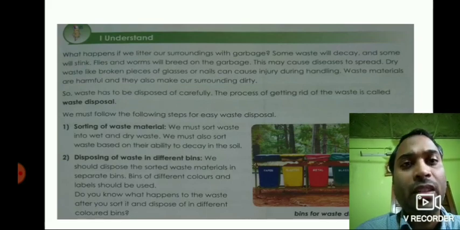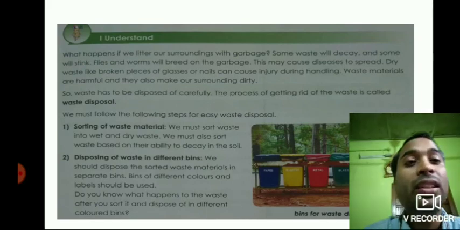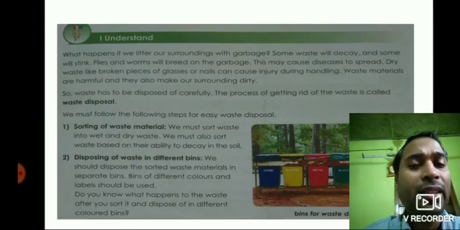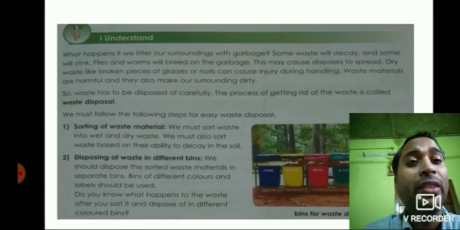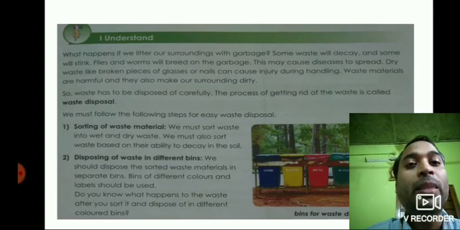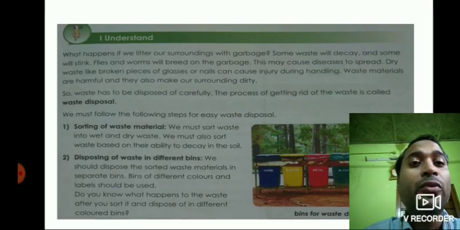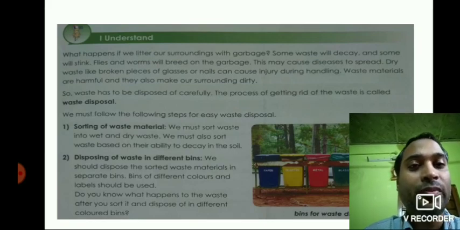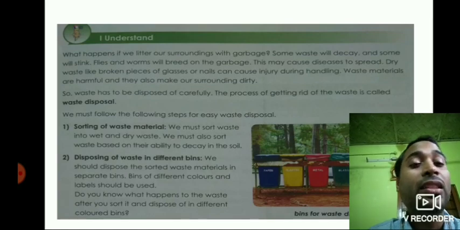So we all know, if we keep our surroundings dirty and if we spread garbage everywhere, what will happen? Some waste which are biodegradable will decay, but at the same time some will stink. So flies and worms will start breeding on the garbage, and this may lead to what? Spread of diseases. So we have to be very careful, and we should ensure that our surrounding is neat and clean.